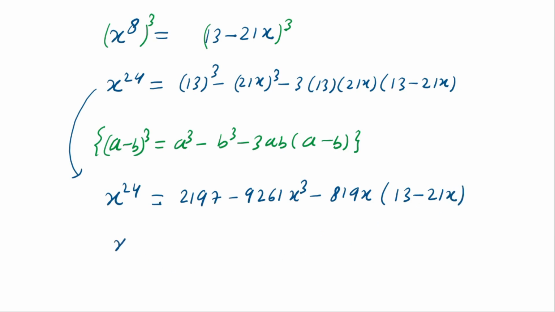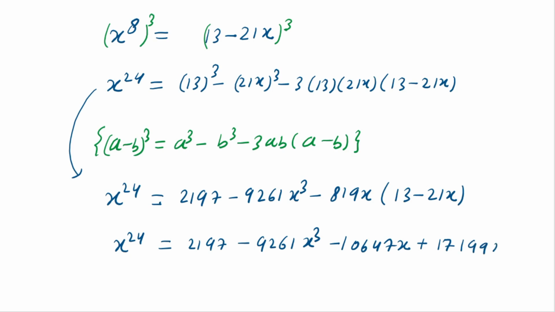So x^24 equals 2197 minus 9261x^3 minus 819x multiplied by 13, then you will get minus 10647x, and minus 819x multiplied by minus 21x, then you will get plus 17199x square. Now first we will write this expression on the next page.